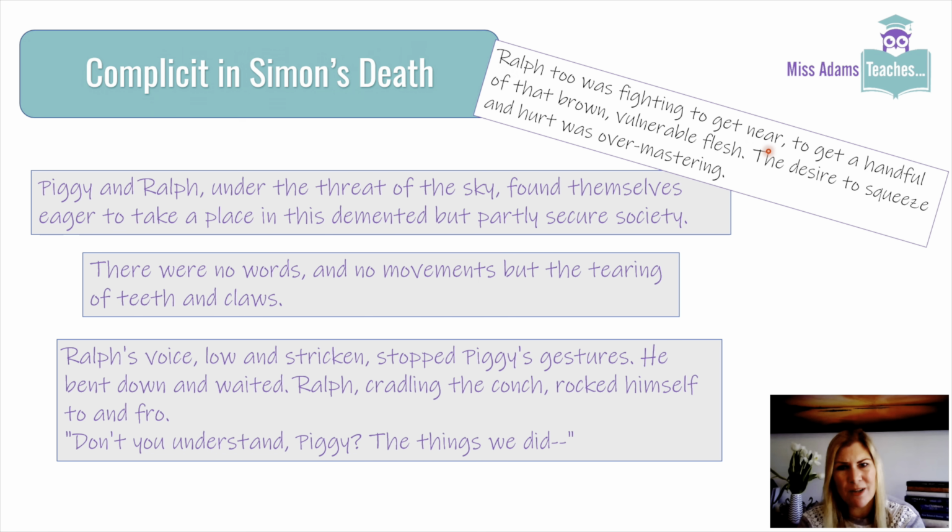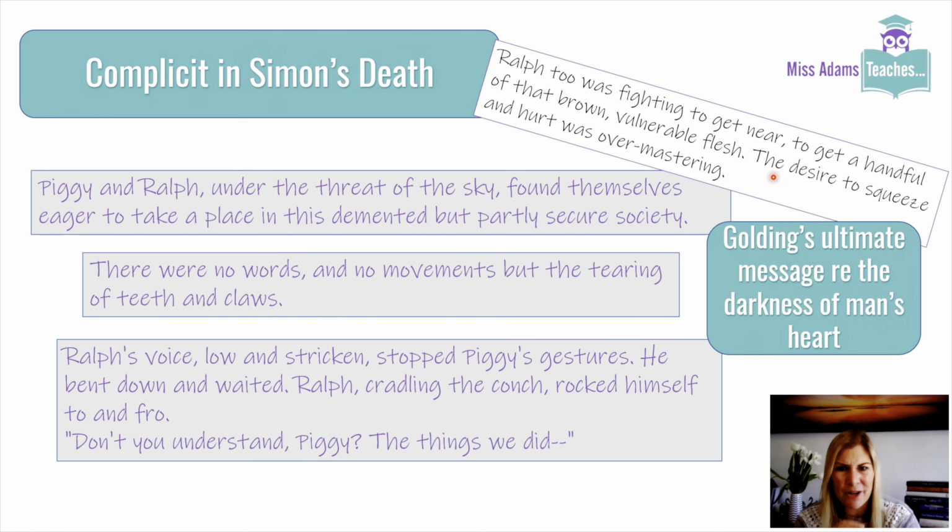"Ralph too was fighting to get near, to get a handful of that brown, vulnerable flesh. The desire to squeeze and hurt was overmastering." So we see this moment where Ralph is governed by his id, and his desire to inflict pain is all encompassing. So this moment in the previous chapter is definitely foreshadowing this moment here. Golding's pointing out that it's there, almost ready.